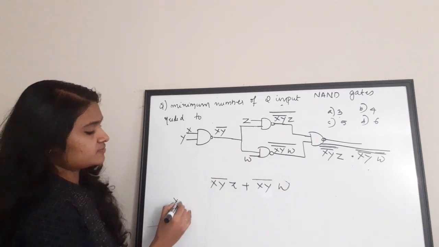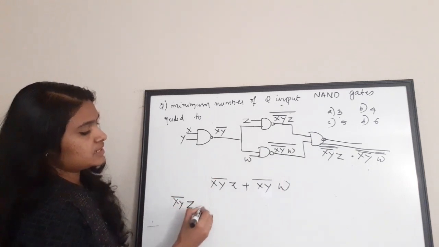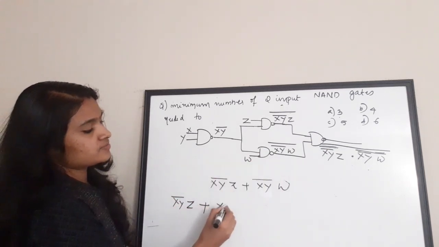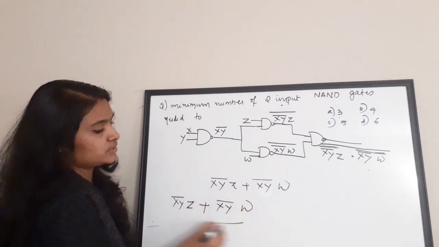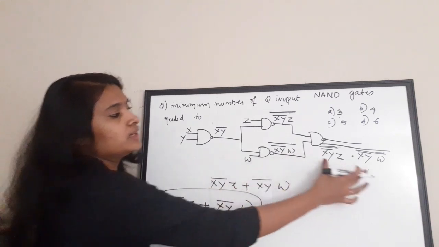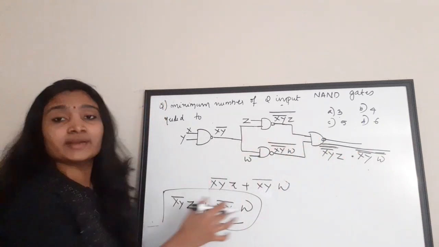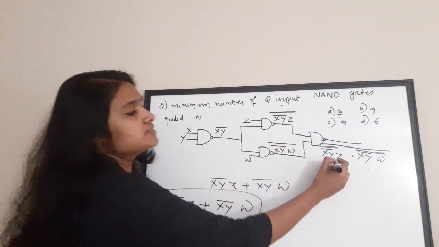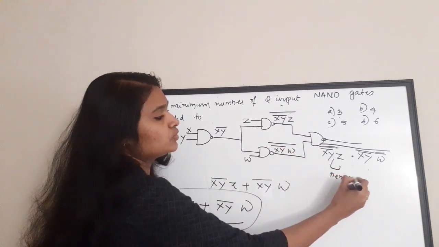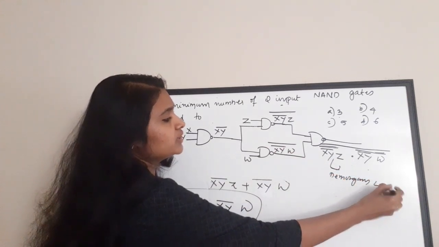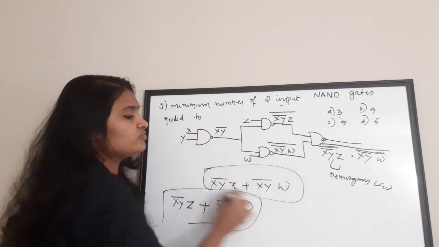That is XY bar Z plus XY bar W. This is your actual expression. If you solve it, you will get this one. So this is actually our required expression, right? Just by applying De Morgan's law, you will get our required form of expression.